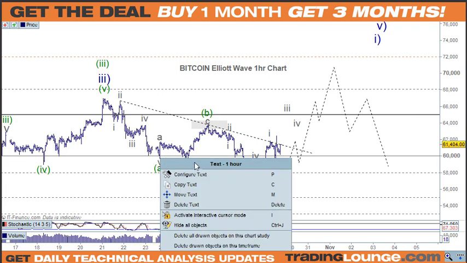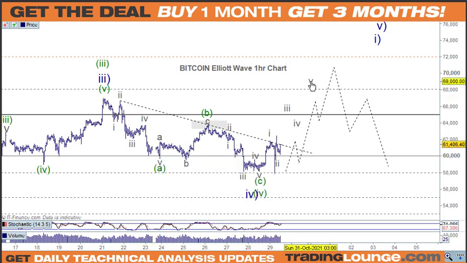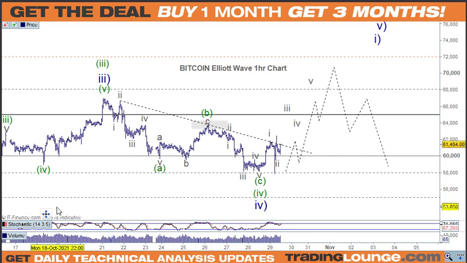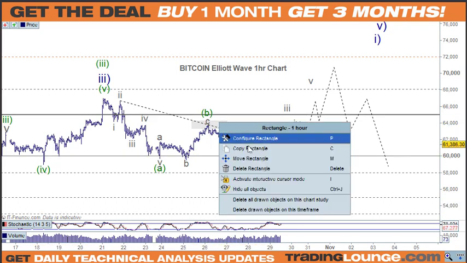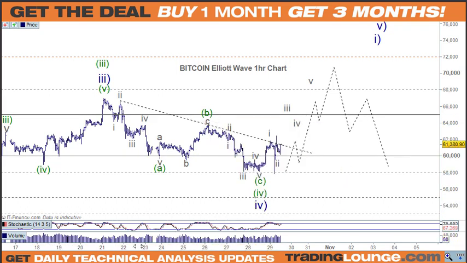There will be a lot of Elliott folks that will include that, and they'll put an A and a B and a C and do all sorts of things with it, but I don't think we need to overcomplicate it. I think it is what it is. It was news driven, or a purchase or a sell or something. But I would want to see a bigger breach here before I move my count, because I've got a beautiful little ABC here.